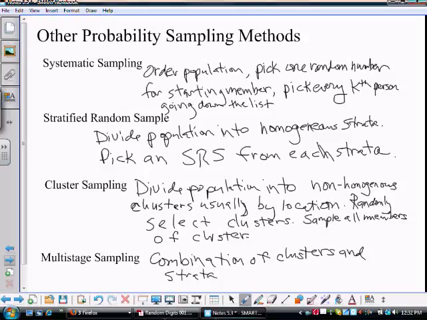You make clusters, and then you stratify within the clusters, and then you make clusters out of your strata, and then finally pick an SRS out of something. Okay, so those are the basic probability sampling types.